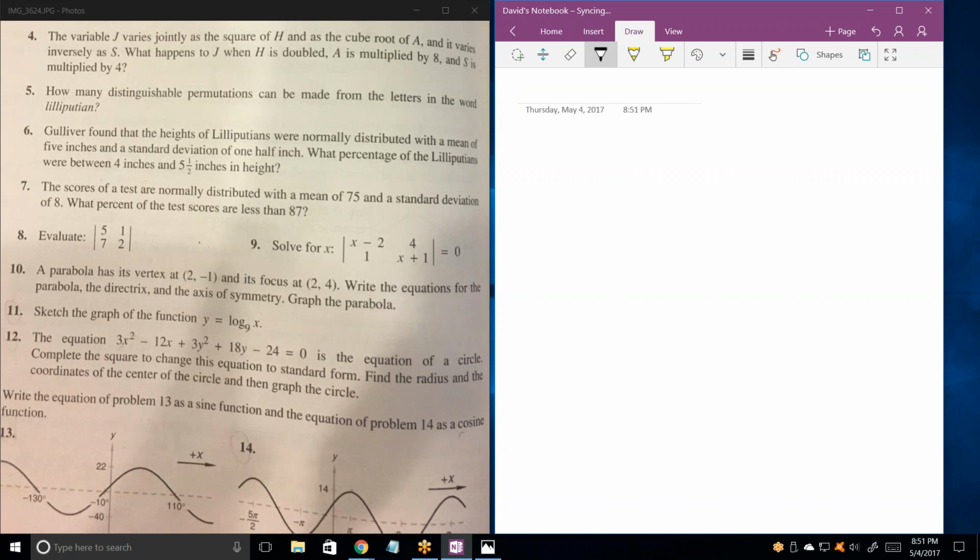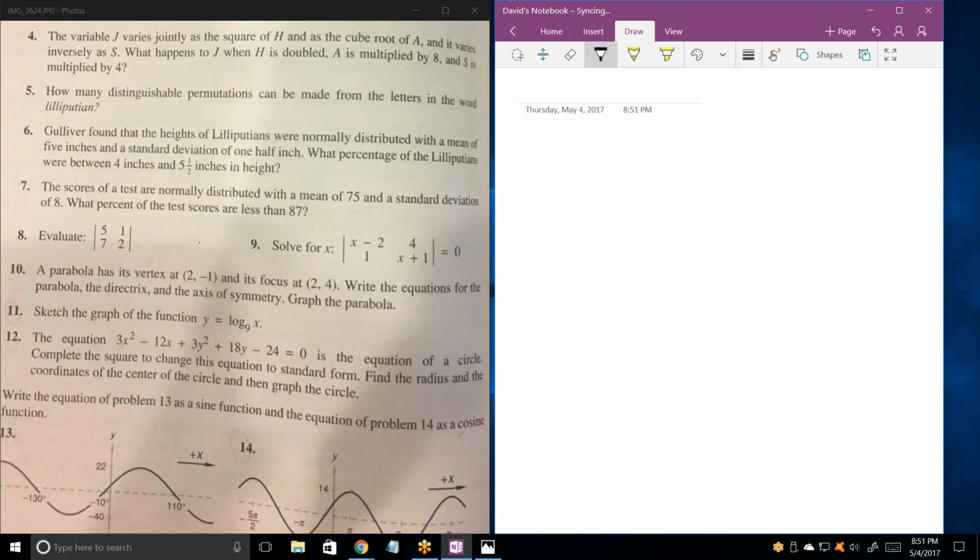I've got a 3x squared plus a 3y squared. If I see that, that's all I need to know it's a circle. If those numbers were different, it would be an ellipse. If the y squared was being subtracted from the x squared, it would be a hyperbola.